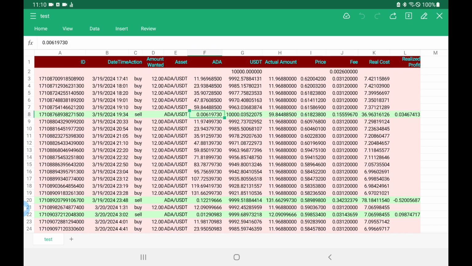So now we go to the dust that we have from closing out our position. This dust is then added into our next purchase. And as we can see, it affects the amount and the value. Even though we still want 12 ADA and we're still given 11.9 ADA because of the subtraction of the fees.